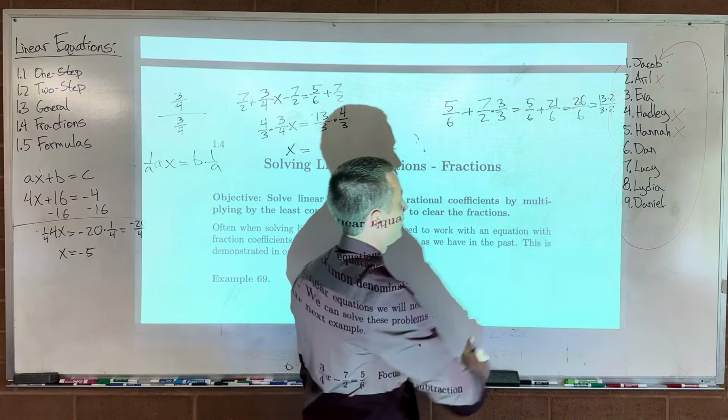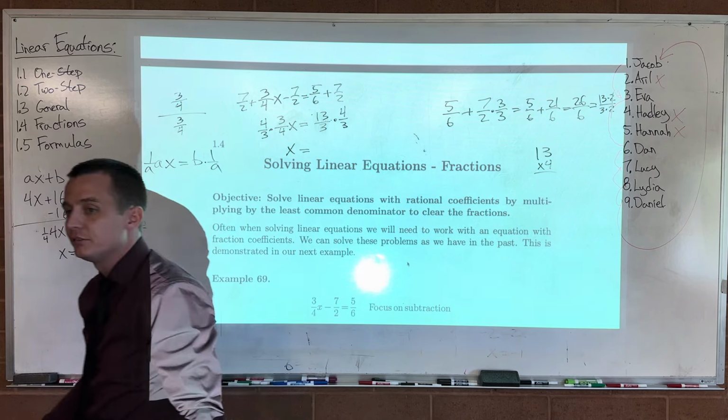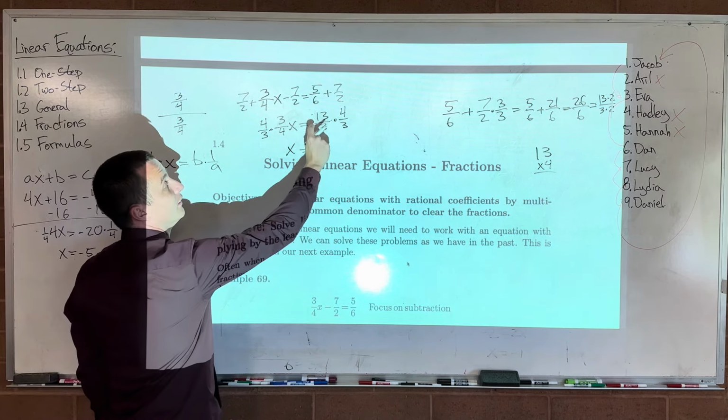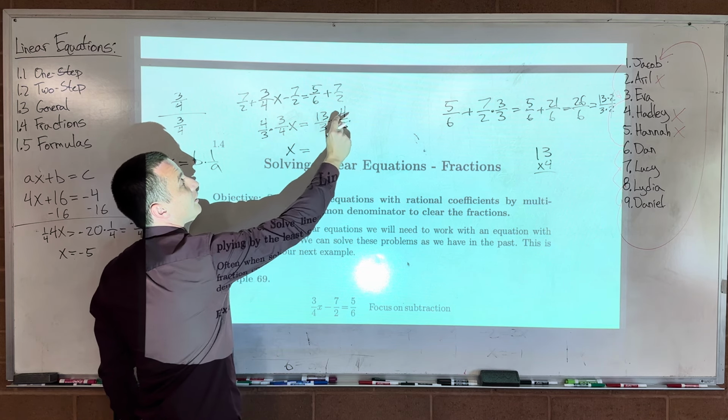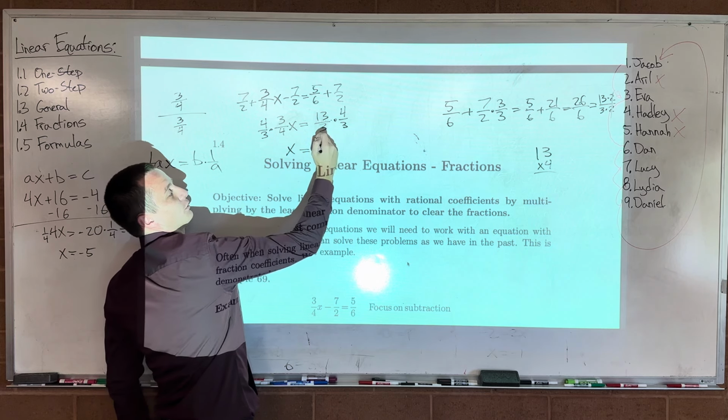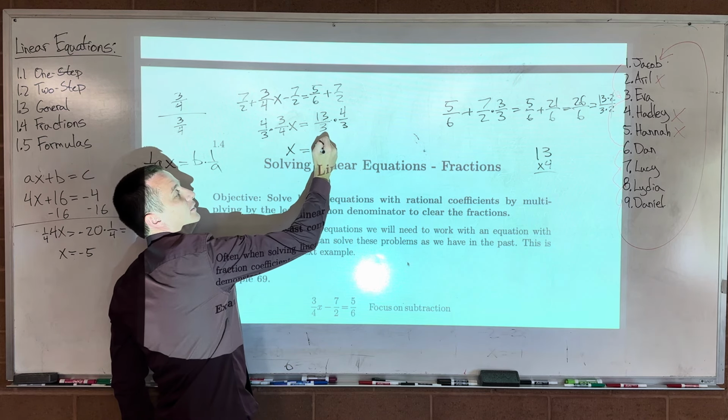We're doing 13 times 4. 4 times 10 is 40. 4 times 3 is 12. 40 plus 12, 52. Or you can go the other way: 4 times 3 is 12, 4 times 1 is 4, add the 1 is 5. You can just count it up, whatever you got to do. All right. So 13 times 4 is 52.